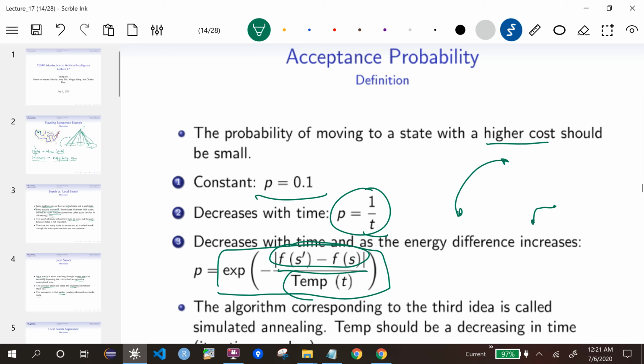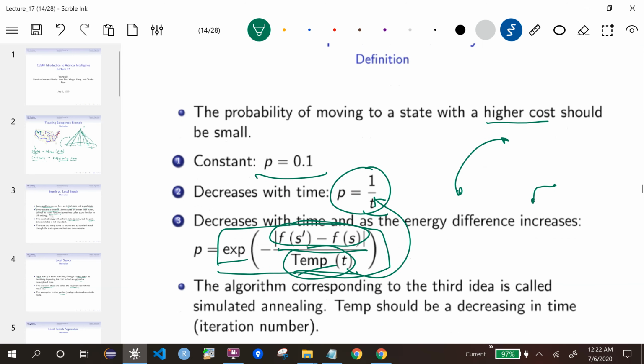And we add some kind of increasing function of time. So it's similar to this 1 over t idea, but we just want to add some kind of non-linearity, or at least some kind of constant coefficient in front so that we can control it. And then we put an increasing function, an exponential function, outside as well.